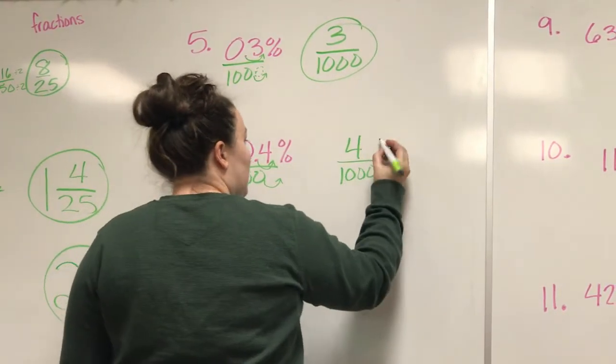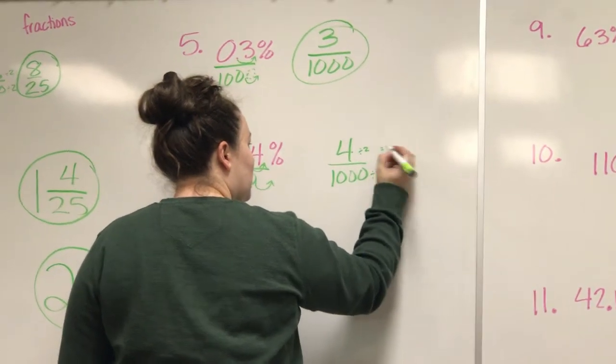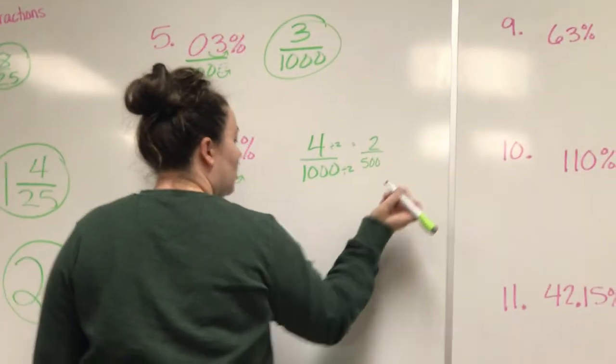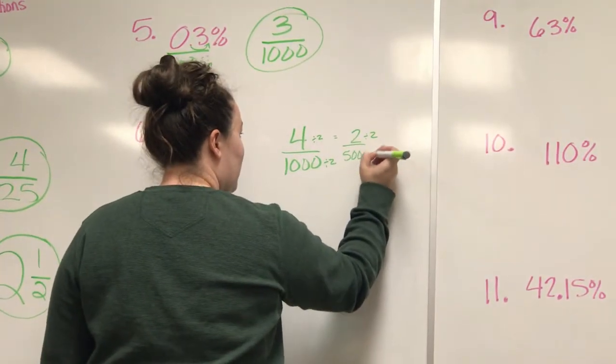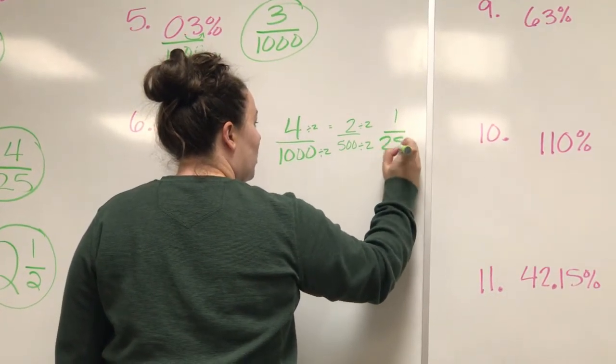Both of these are even, so I can divide by 2. Divide by 2. This gets me to 2 over 500. Both of them are still even, so I can reduce that even more. Divide by 2. Divide by 2. And now I have 1 over 250.